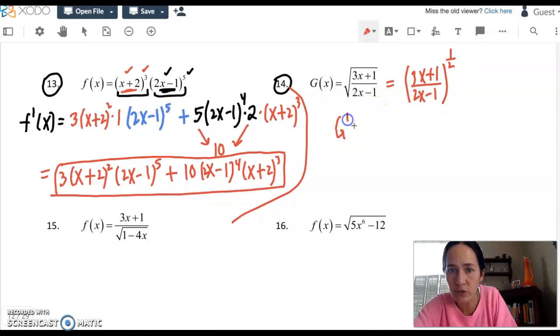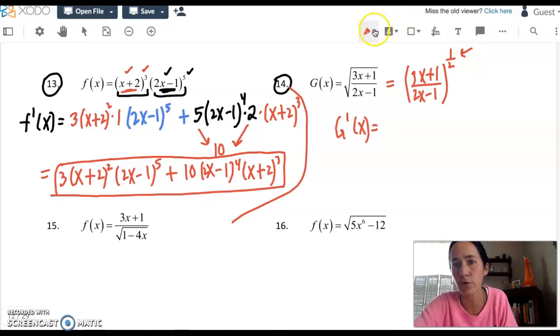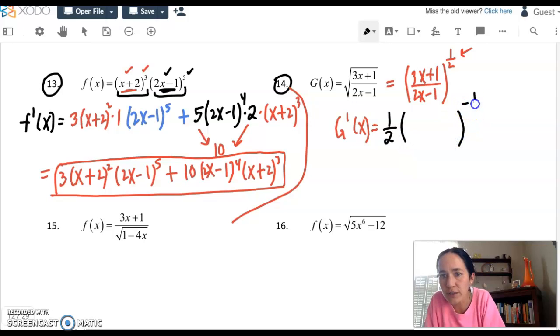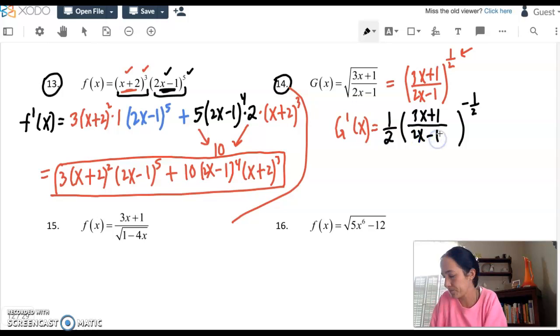Now it's our job to take a derivative. And like we said, let's deal with that outermost part of the function first. Let's deal with the 1/2 power. So let's swing it down front by product, or power rule, I'm sorry. So 1/2 comes out front, and the whole fraction is going to be raised to the negative 1/2, 1 power lower. On the inside, we just recopy that original fraction, 3x plus 1 over 2x minus 1.